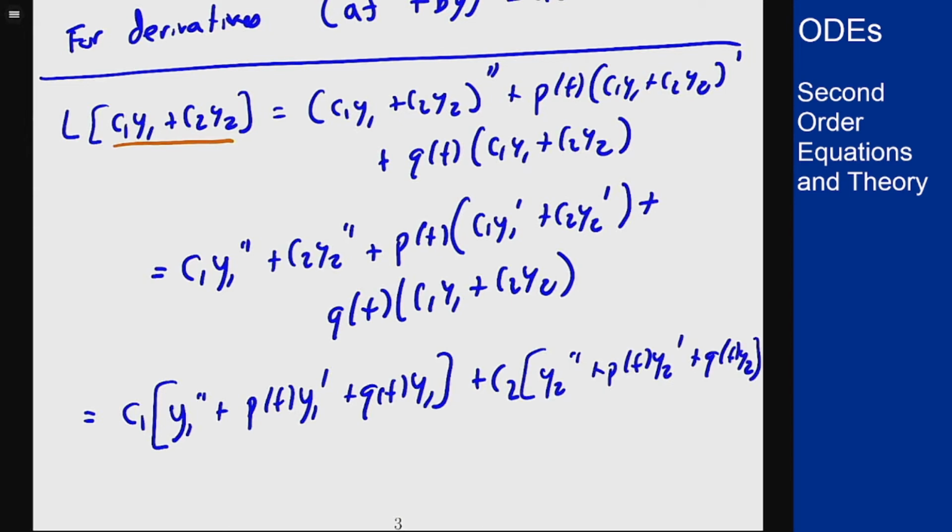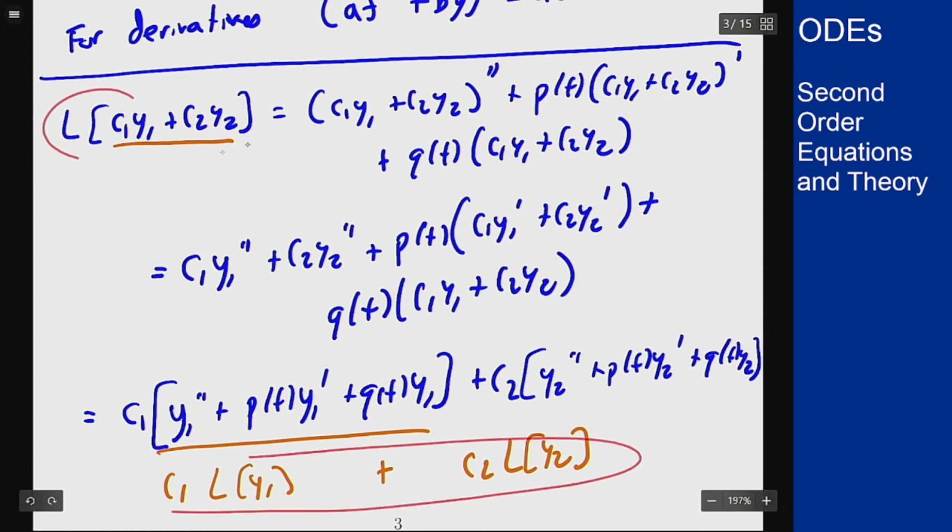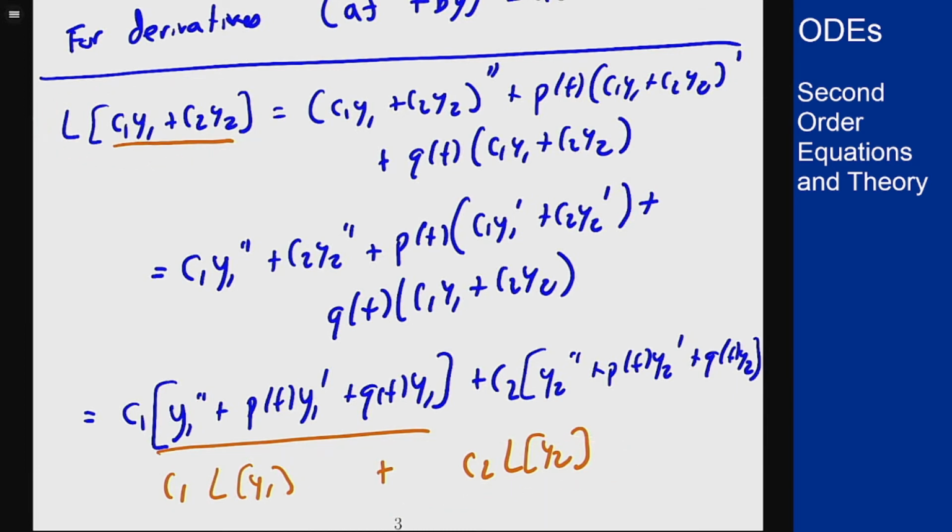But if we look back at our definition of L, this is exactly L of y1, and this is exactly L of y2. So because the equation is linear, I get this linearity result as well. The only reason this works is because we had a linear equation, in the sense that none of the y's were multiplied by each other or in weird powers. Otherwise, this sum and constants wouldn't have worked out in the appropriate way.